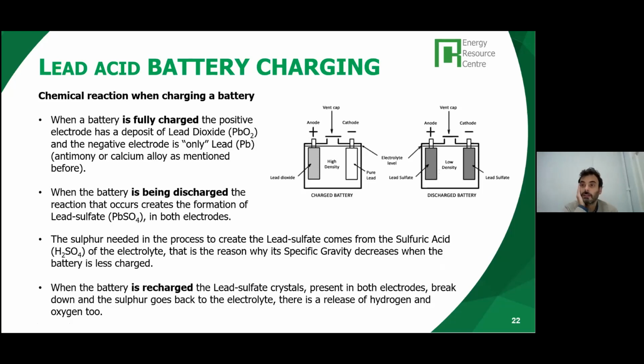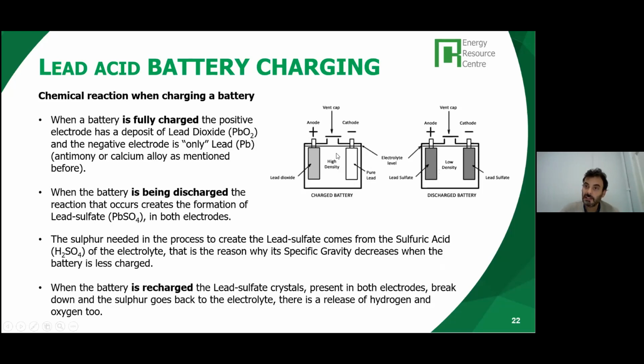Okay, going back into the liquid form and the mixture with water. In this process, there's a bit of a release of hydrogen gas and oxygen too. So apart from controlling the voltage, another way of knowing if a vented, open, flooded battery is charged or not is by measuring the density of the electrolyte.